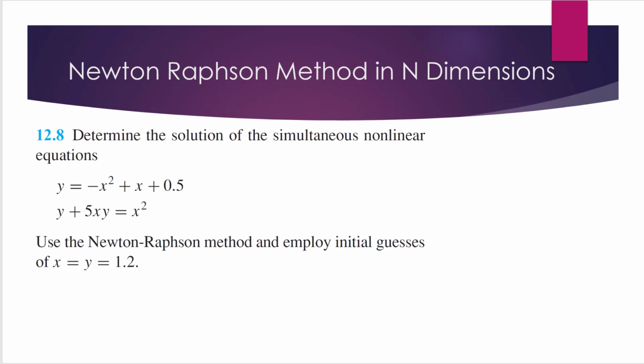This problem is from the textbook, problem 12.8. Determine the solution of simultaneous nonlinear equations. The first one is y equal to negative x squared plus x plus 0.5. The second equation is y plus 5xy equal to x squared.